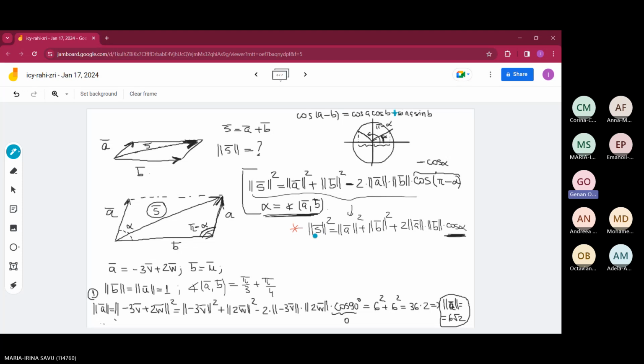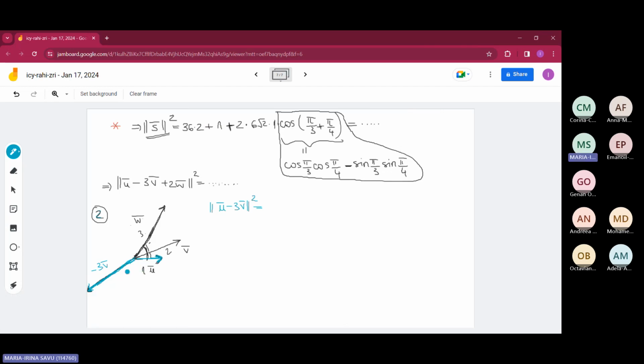Using the same formula with the parallelogram. It's a parallelogram here, and the angle between u and minus 3v is this one this time, and we want to find this alpha.